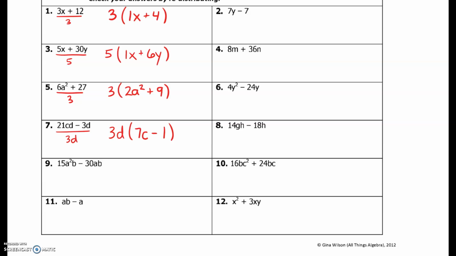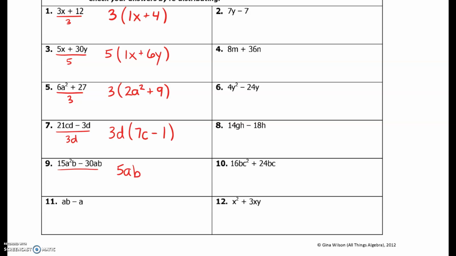Okay, moving on to number 9, 15 and 30. They are both divisible by 5. If you look at the letters, they have the letter A and the letter B in common. So you take out the smallest amount. So I can take out 1A and I can factor out 1B.